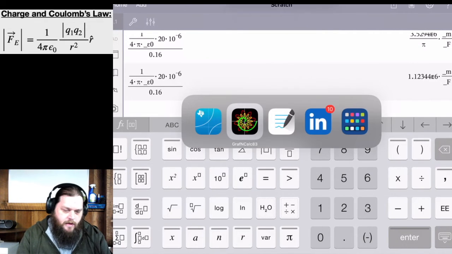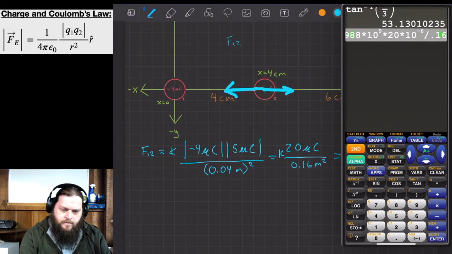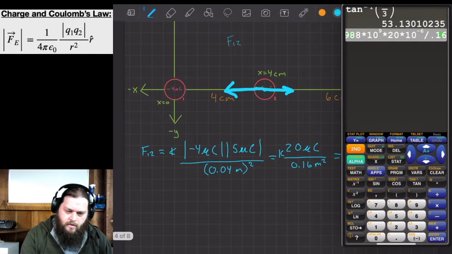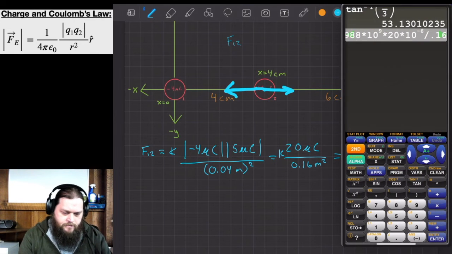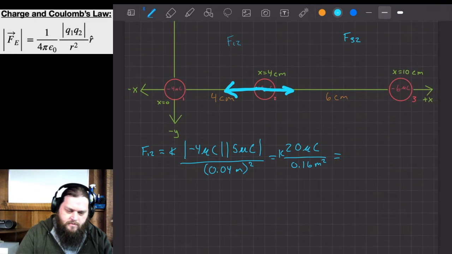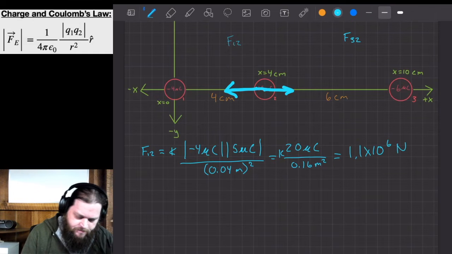I guess it's the same. Seems to be a lot of force. Okay, so that's 1.1 times 10 to the 6 newtons. I'm not liking that.